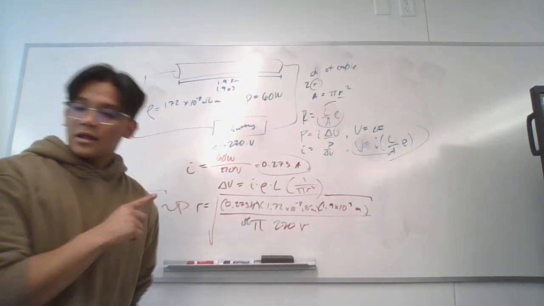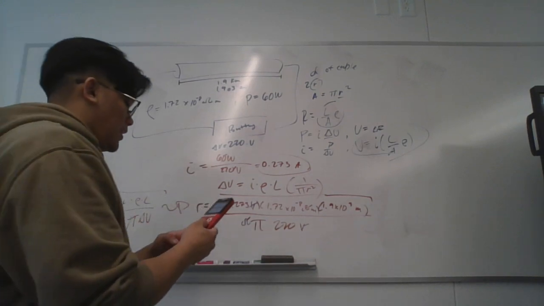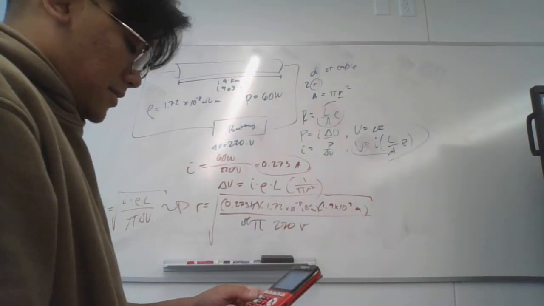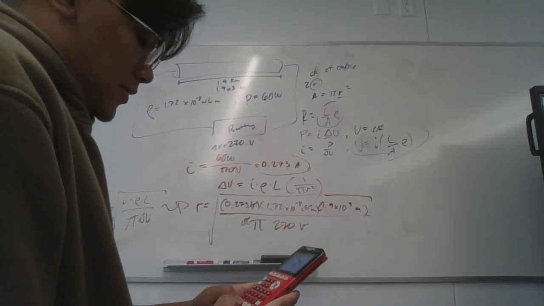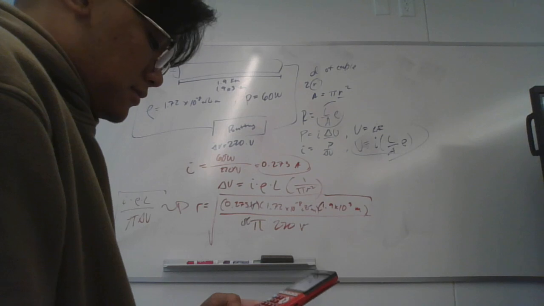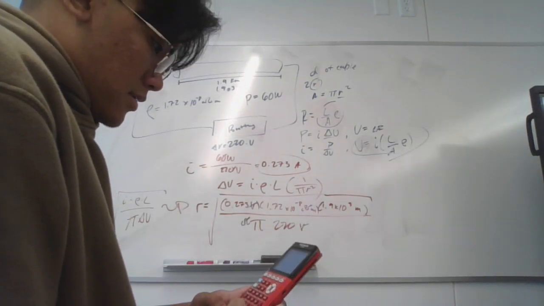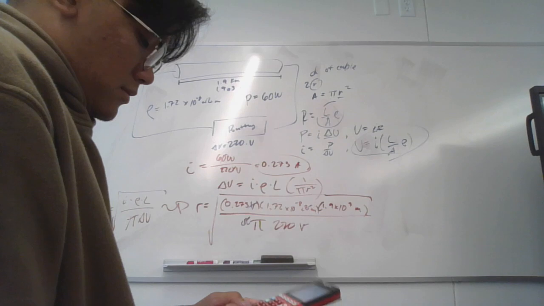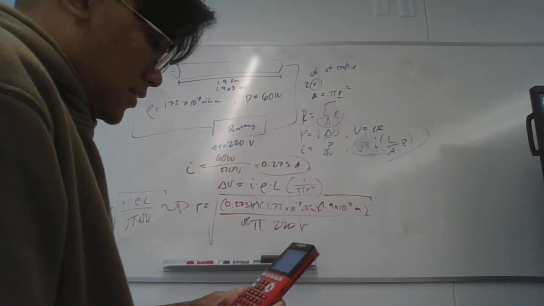Cool. Let's plug this into our calculator. 0.27, 1.72. Then we have 1 all over pi 220.